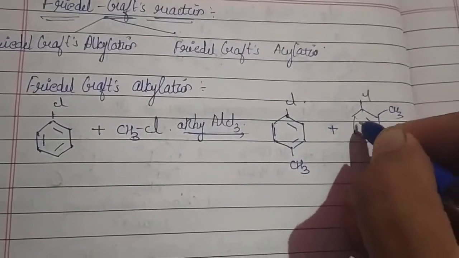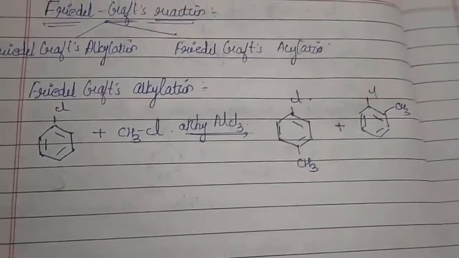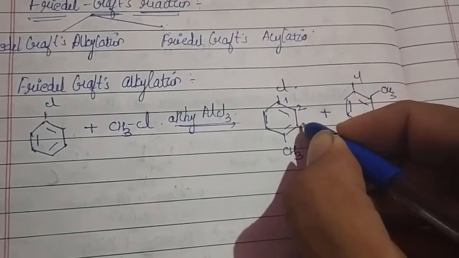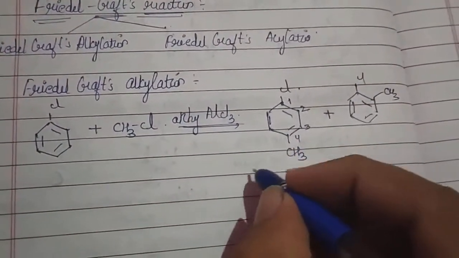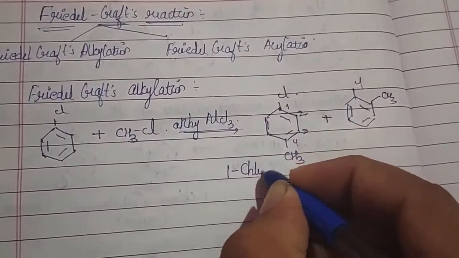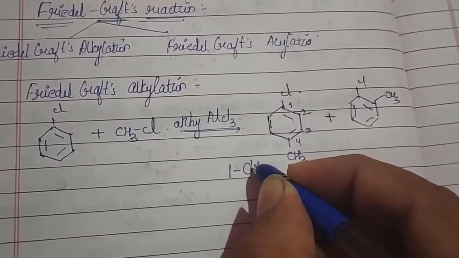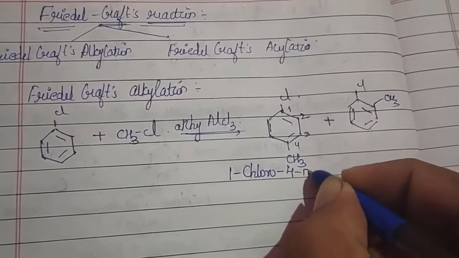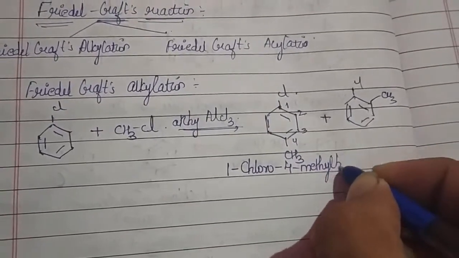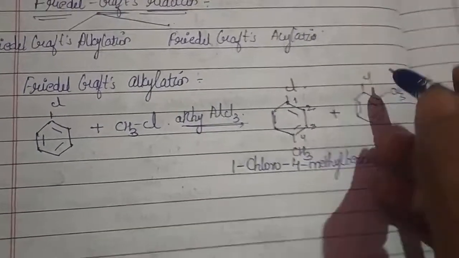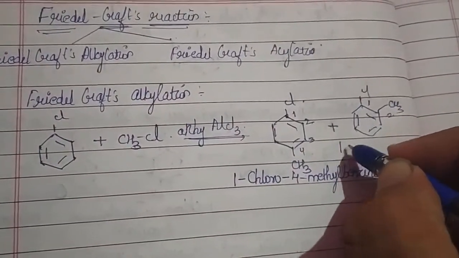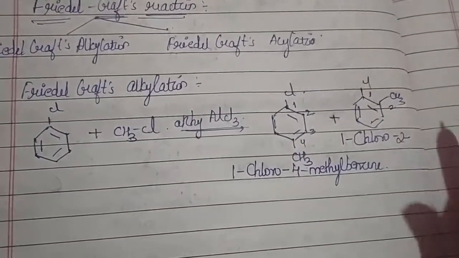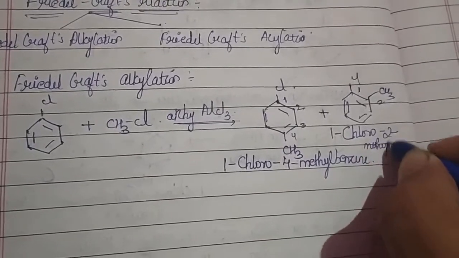So how will you name it? 1-chloro-4-methylbenzene. Similarly over here, how will you write it? 1-chloro-2-methylbenzene.